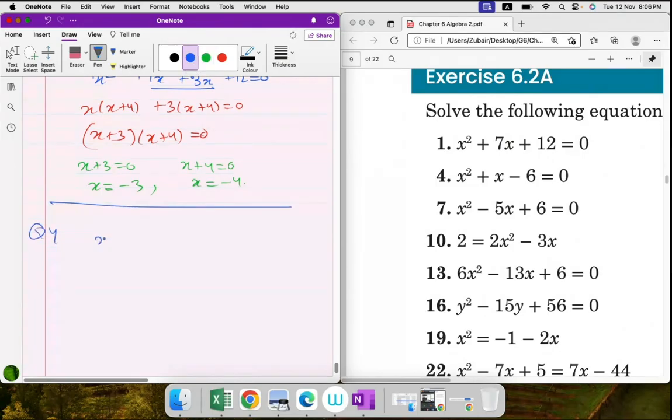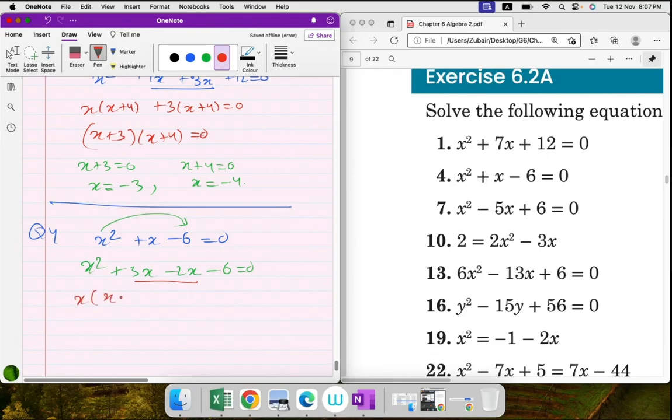Question number 4 says x squared plus x minus 6 equals 0. Product should be 6, sum should be 1. So x squared plus 3x minus 2x minus 6 equals 0. Checking for compatibility: adding these two I'm getting 1, multiplying these two I'm getting negative 6.